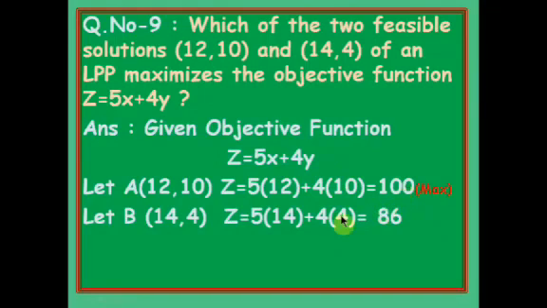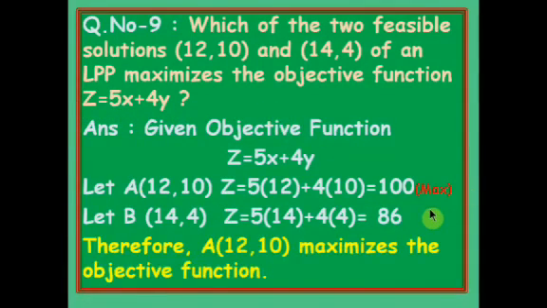The respective coordinate values are A 12,10. That's why A 12,10 maximizes the objective function z equal to 5x plus 4y, which has to be written as the answer. Therefore, A 12,10 maximizes the objective function. Fine. Next.